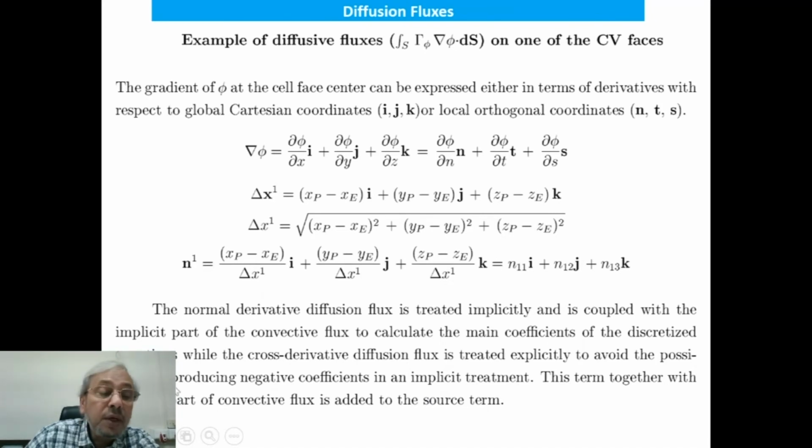This term, together with the explicit part of the convective flux, is added to the source term.